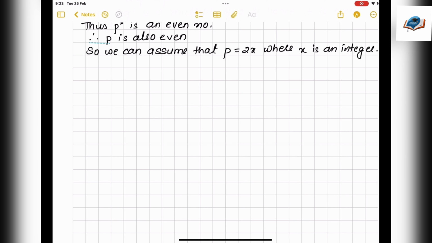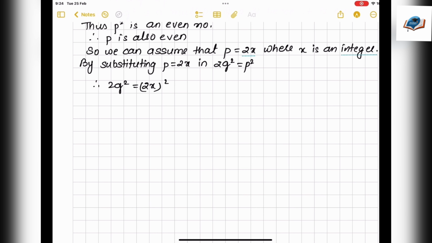By substituting P equal to 2x in 2Q square equal to P square, therefore 2Q square equal to 2x whole square.